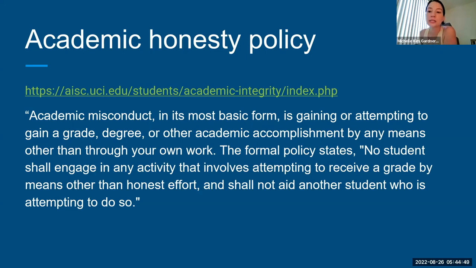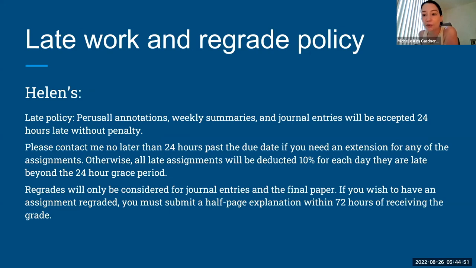As for late work and regrade policy, here is an example from Helen's course. Her late policy is that all perusal annotations, weekly summaries, and journal entries will be accepted 24 hours late without penalty. She goes on to stipulate that students contact her no later than 24 hours past the due date if in need of an extension for any of the assignments.